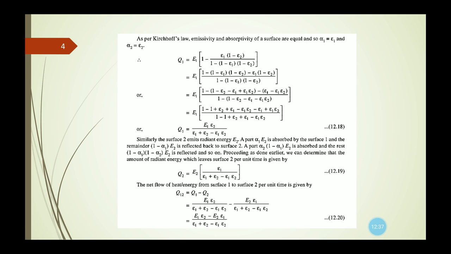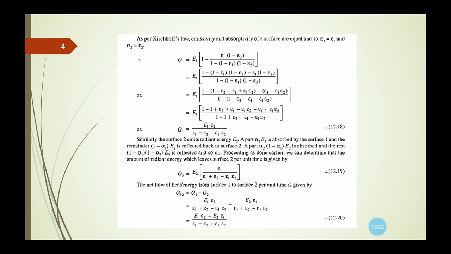So Q12 is actually Q1 minus Q2. Now as we have calculated the formulas for Q1 and Q2 in equation numbers 12.18 and 12.19, we just need to put their formulas here, and after that we get the final equation for the net flow of energy from surface 1 to surface 2.